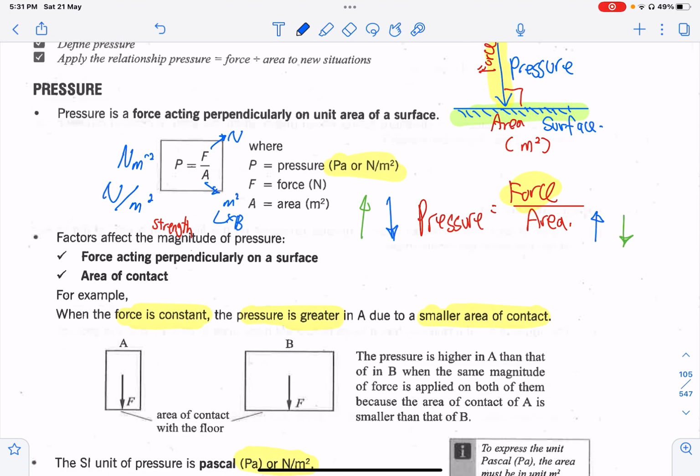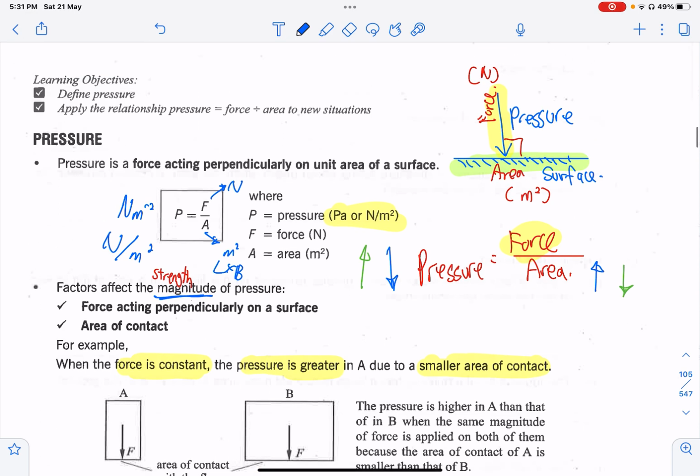Now, what are some things that influence the magnitude of pressure? When we talk about magnitude, we are talking about the strength of the pressure. Number one is the force. The other one is the area of contact, meaning the area that the force is acting on. So we look at two things that can affect pressure.